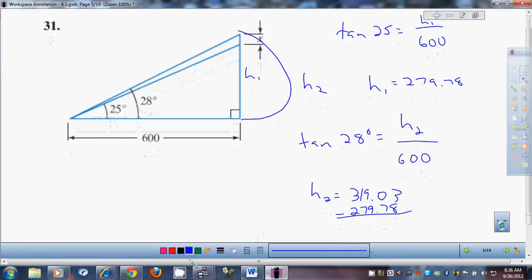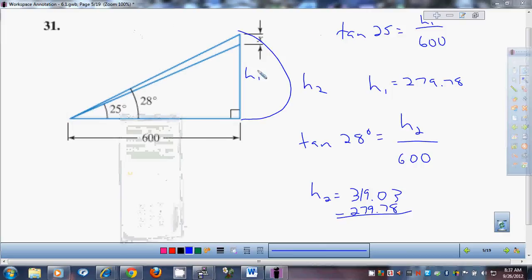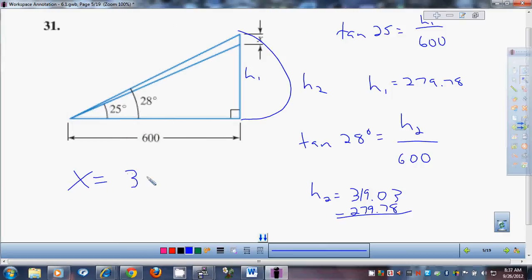Yeah, I'm not really going to do this long one. 319.03 minus 279.78. Of course, if somebody can do this in their head faster than I can type it, then please just tell me. 39.25. X equals 39.25. Finish.